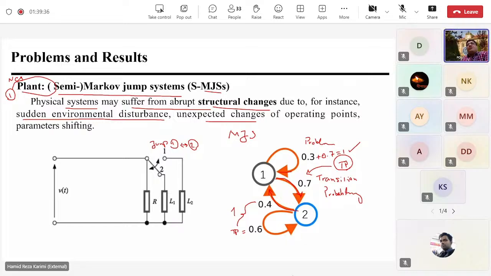But one problem is this: the 0.3, 0.7, 0.4, 0.6 are information, but in total this information doesn't exist. We don't have it. So if we don't have this information, what should we do?